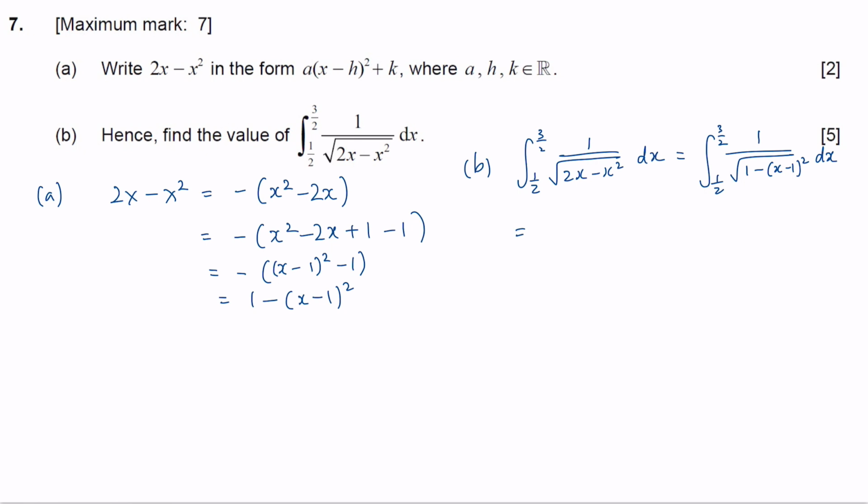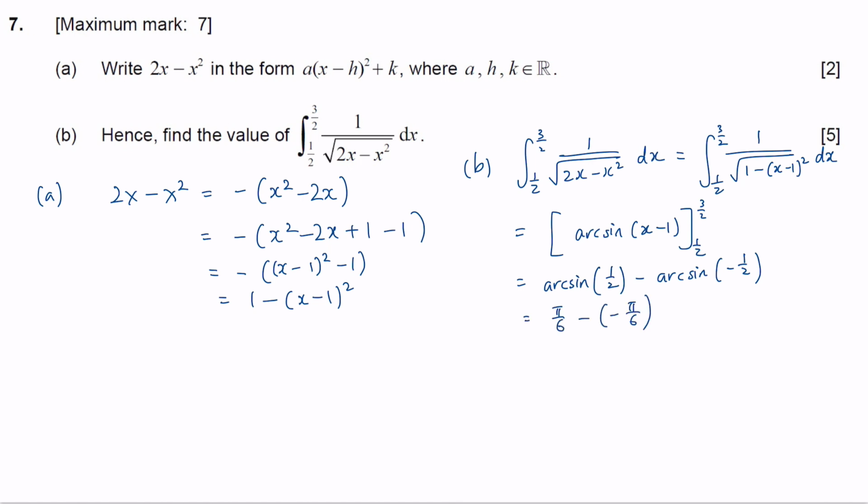So this is equal to arc sine of x minus 1, from half to 3 over 2. So that's arc sine of 3 over 2 minus 1, which is half, minus arc sine of half minus 1, which is minus half. And that's pi over 6 minus negative pi over 6, which is pi over 3.